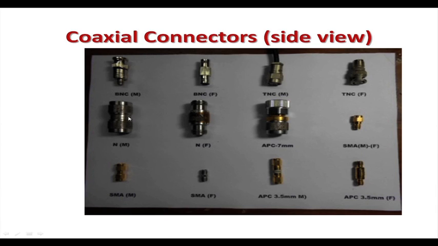Then these are N connectors, these are in many microwave equipments, particularly the network analyzers, you will see these N connectors, they also have sex. Then APC connectors will come just now to their description. APC is a very precision one, but it is quite costly, that is why nowadays people do not use it.